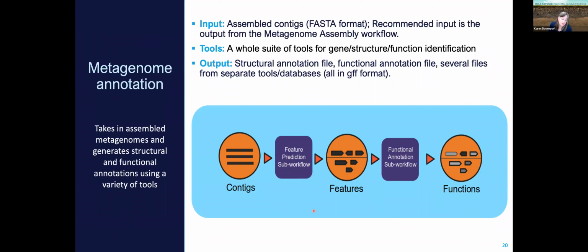Bill just gave you a whole talk on metagenome annotation. What our pipeline takes in is the assembled contigs in FASTA format, and the recommended input, of course, is from the MetaSPAdes assembly. Our workflow has a whole suite of tools for identifying gene structure or function. And the outputs are a structural annotation file, a functional annotation file, and several files from the separate tools and databases.